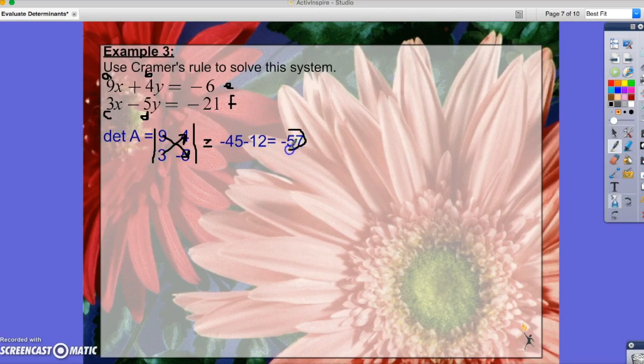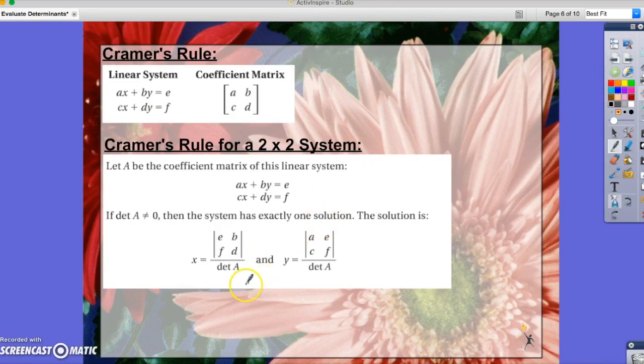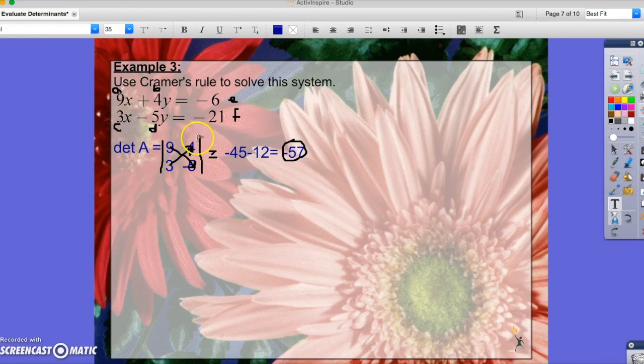My determinant A is what I'm actually going to use. If you look in your notes, I'm going to use it for the denominator here. Now for x, I need E, F over B, D. So now we have to set up x. E, F is -6, -21.